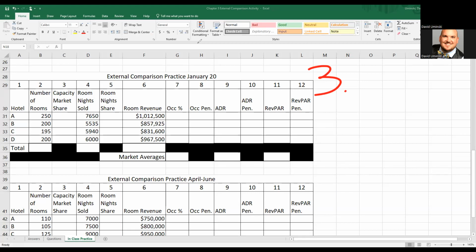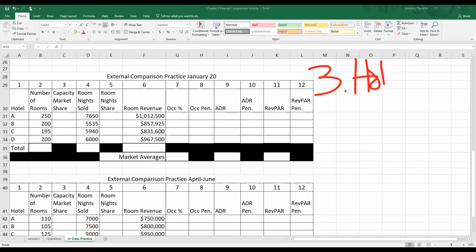The way we're going to figure out column number 3 is we're going to take the hotel's rooms divided by the total market.